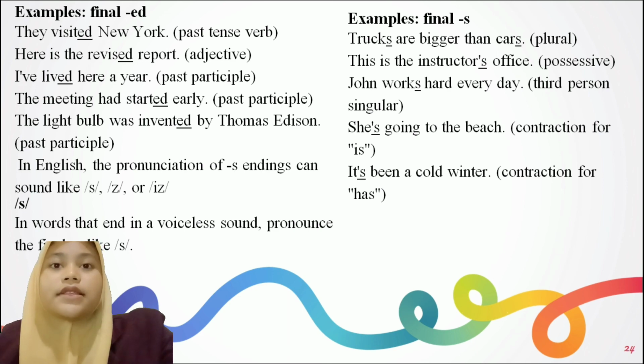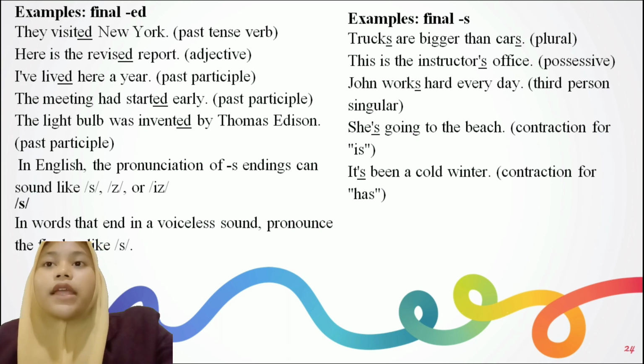In English, the pronunciation of the S ending can sound like s, z, or iz. In words that end in a voiceless sound, pronounce the final S like s. Example, final S: trucks are bigger than cars.